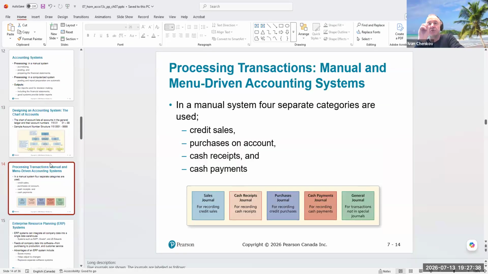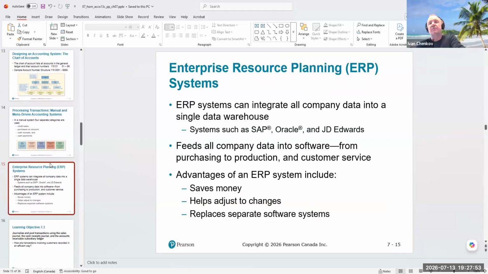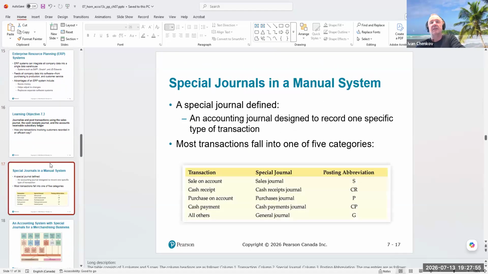The processes, or the journals that we have in the accounting system. Again, we have 5 journals: sales journal, purchase journal, cash receipt journal, cash payment journal, and general journal. That will be the most important, and you need to understand that different transactions go to different journals.